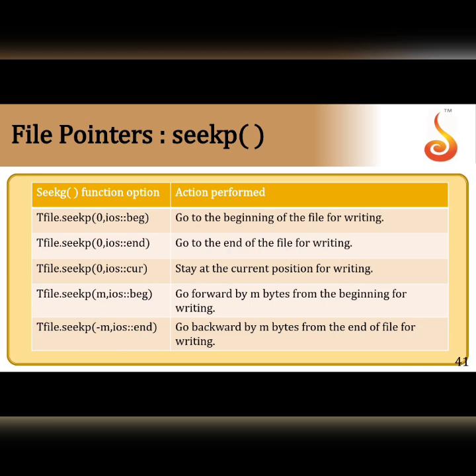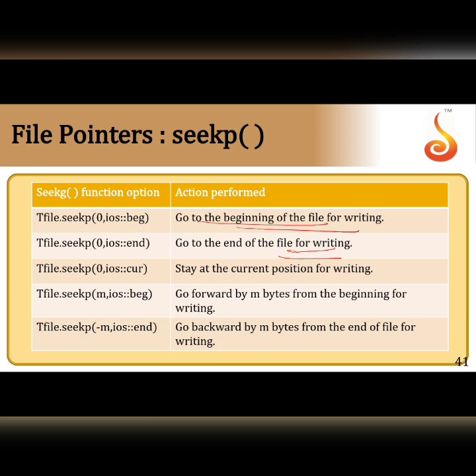So file pointer, this is the object: t file dot seekp(0, ios::beg). From the beginning you are going to write, and this one directly goes to the end of file, then you will continue writing further, or you can open in the append mode also.